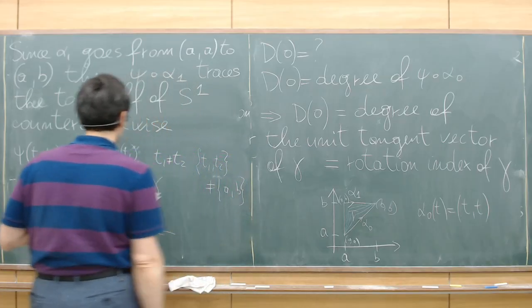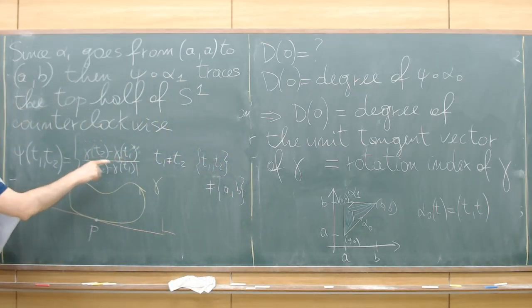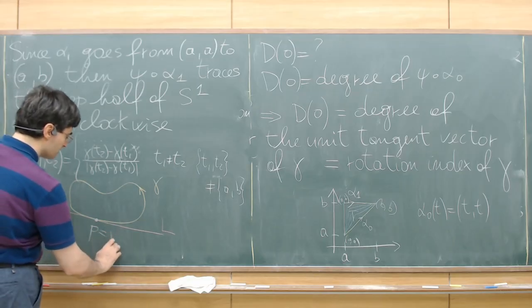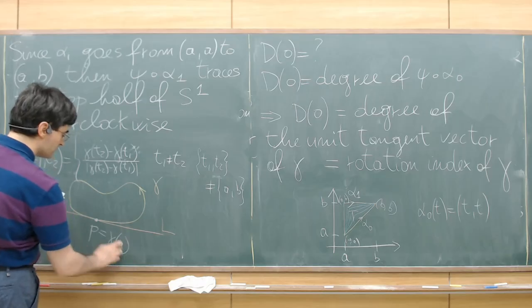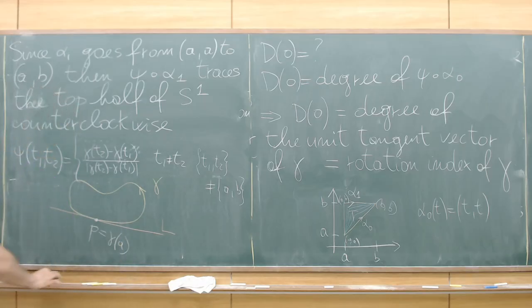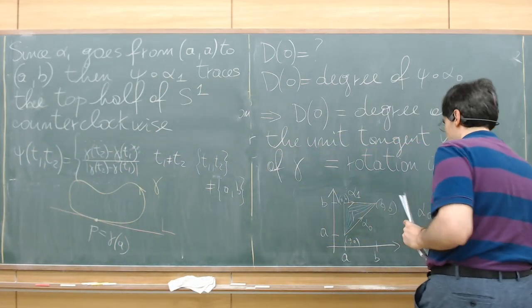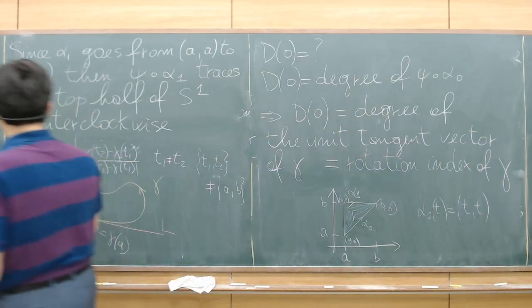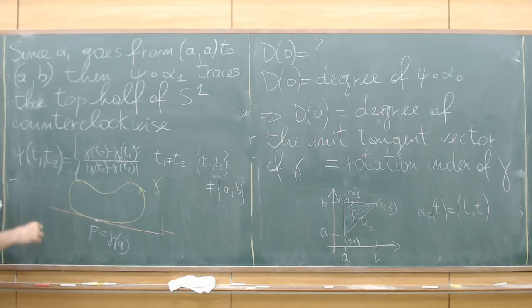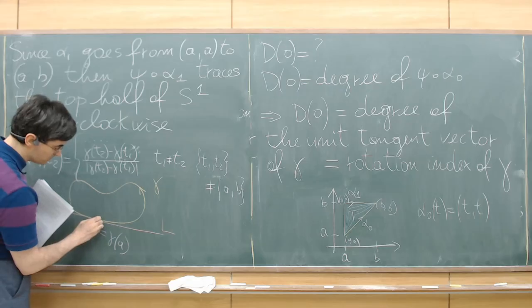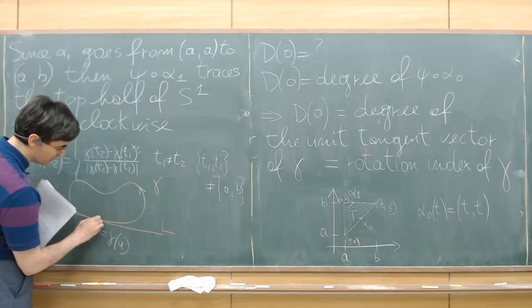So you have to imagine what this vector is. Remember that P is gamma A, and precisely you will get that psi T1 T2 is a unit vector having directions given by these vectors here.